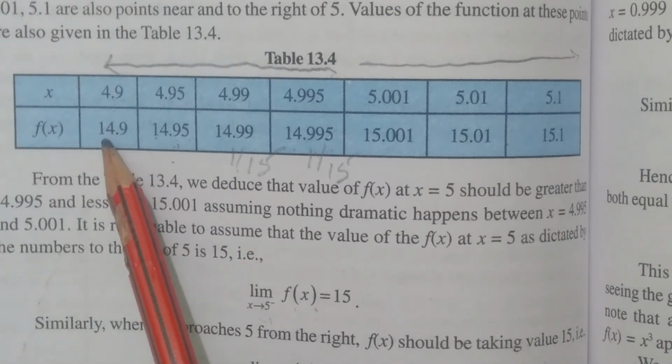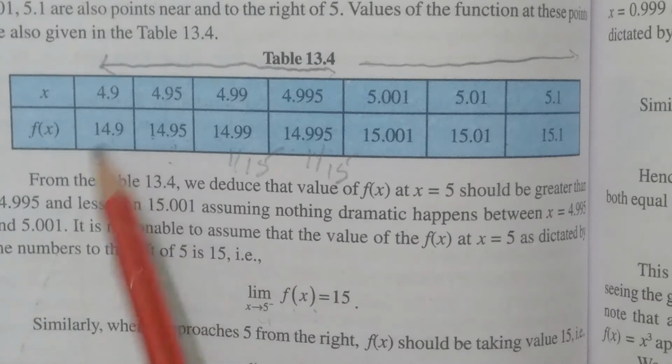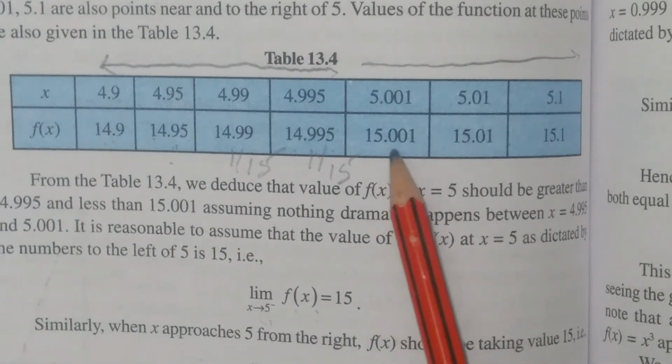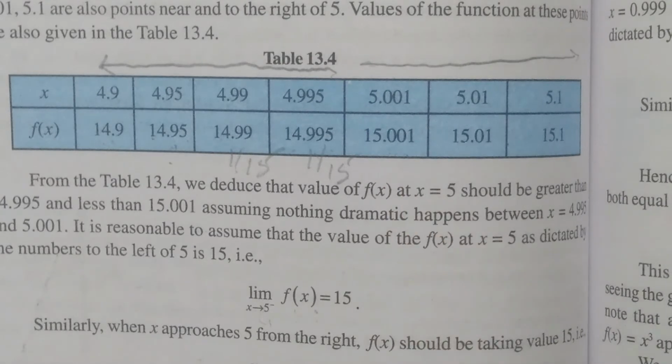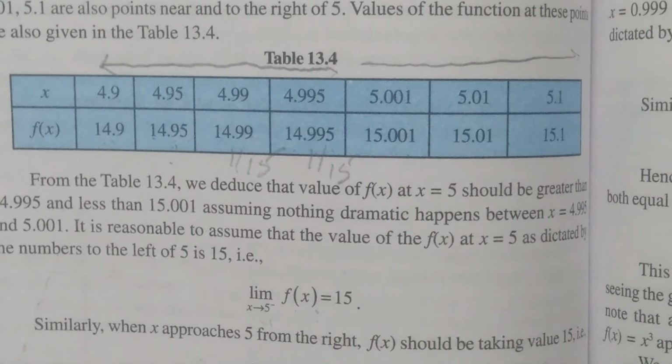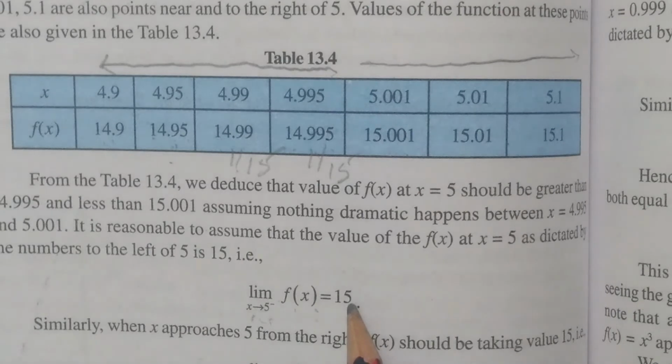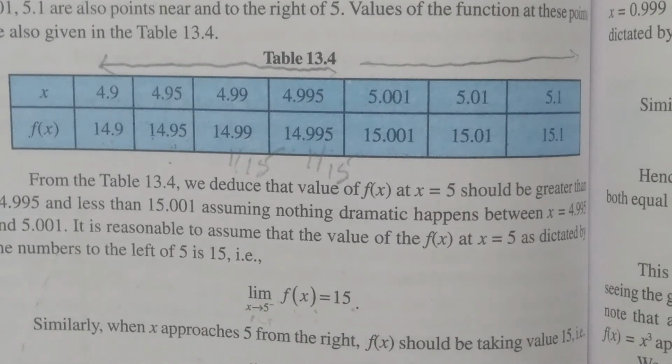From the right hand side, 15.001 is also approximately equal to 15. So the left hand limit of the function when x approaches 5 is 15. The right hand limit of the function f(x) when x approaches 5 is again 15.